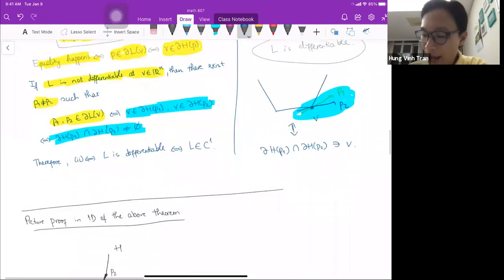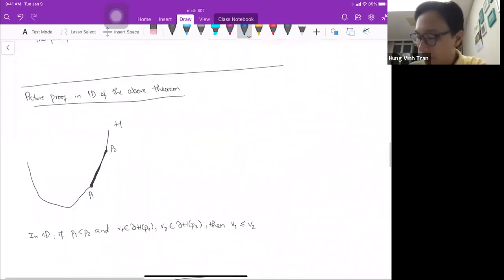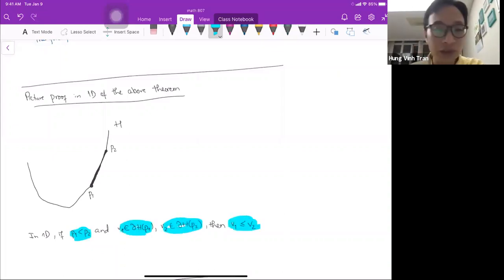Okay. Maybe this one I already said out loud, but in one dimension, the other way to think about a picture proof is that this is a general picture where you can have line segments, but the key observation was that if P1 is less than P2, and if you take 2 points V1 and V2 in the subgradient, then V1 should be less than or equal to V2 in one dimension, right?